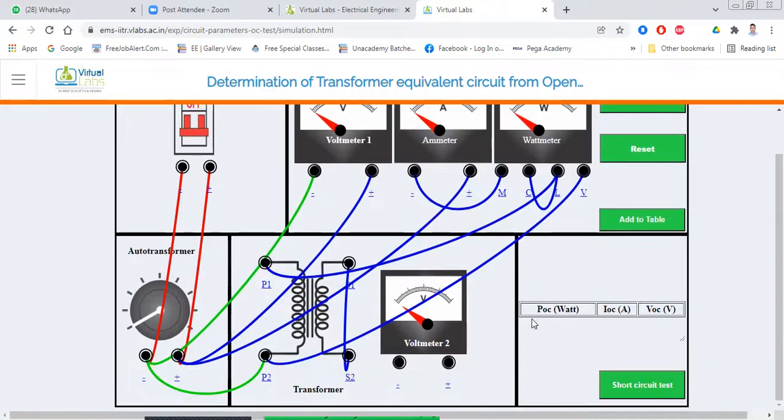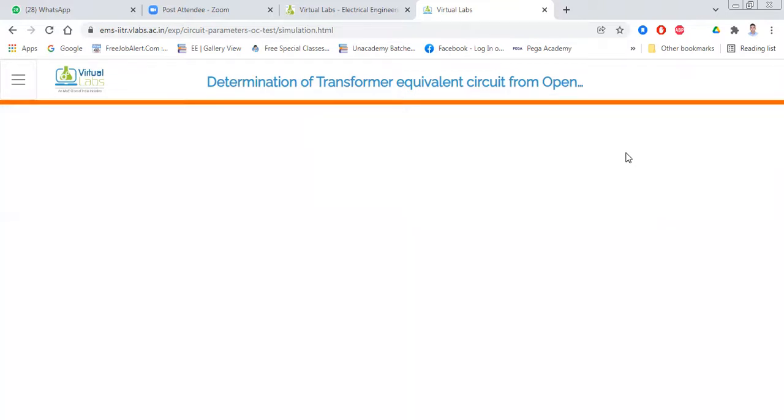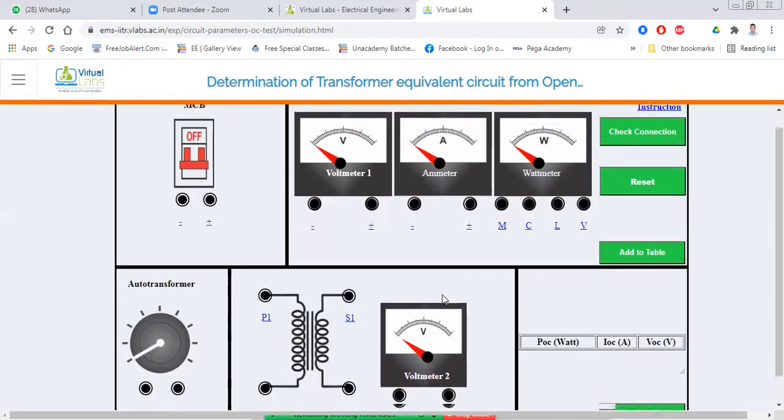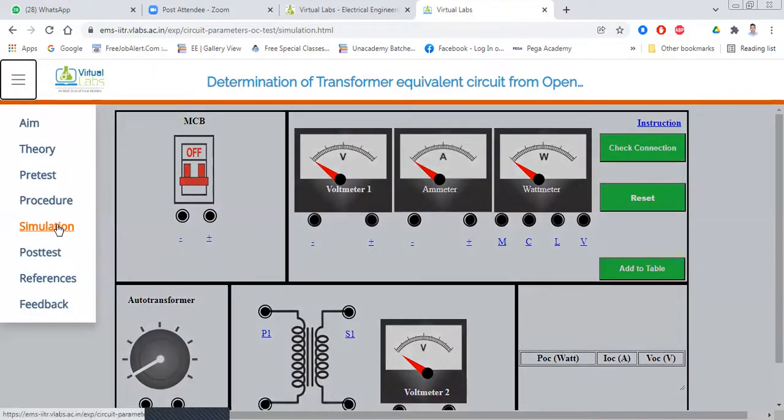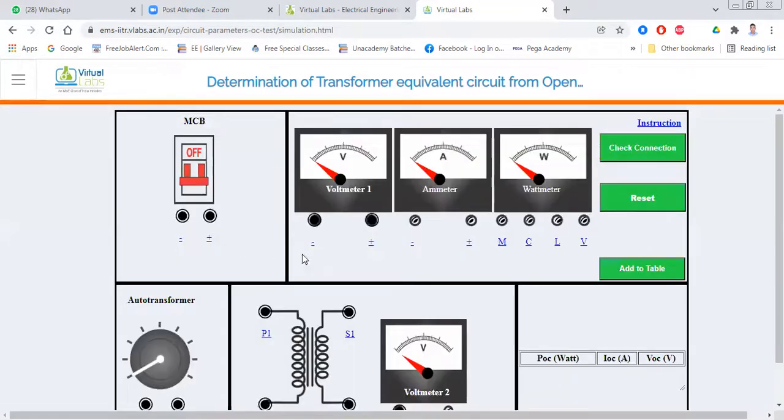One last time we can reset the whole circuit and connect again. Is there any other simulation for this? I think there is only one simulation for both tests. I can check again.